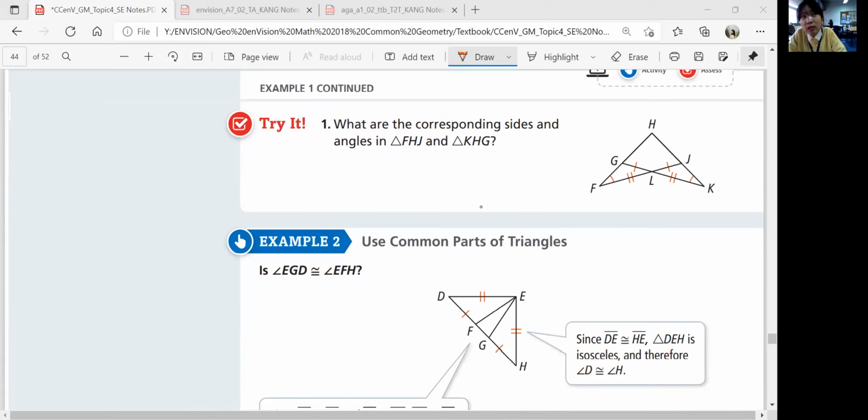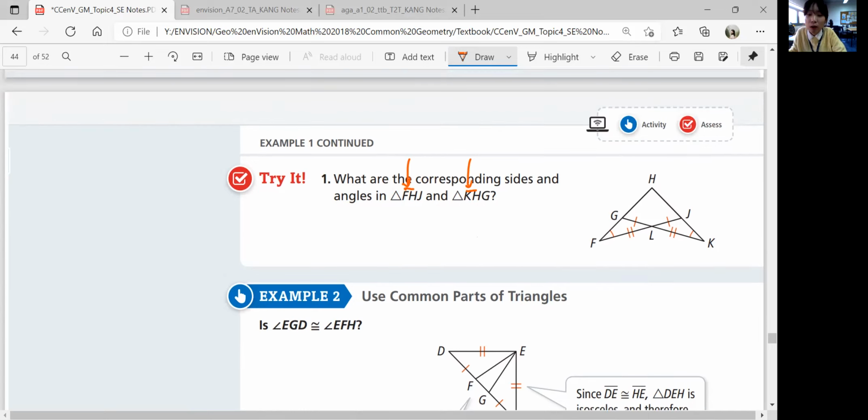One hint is that you look at the order of the points. F should be corresponding to K, H to H, J to G. Okay, and so it's the same order. So FH should correspond to KH. Okay, the order does matter because we're talking about corresponding parts.